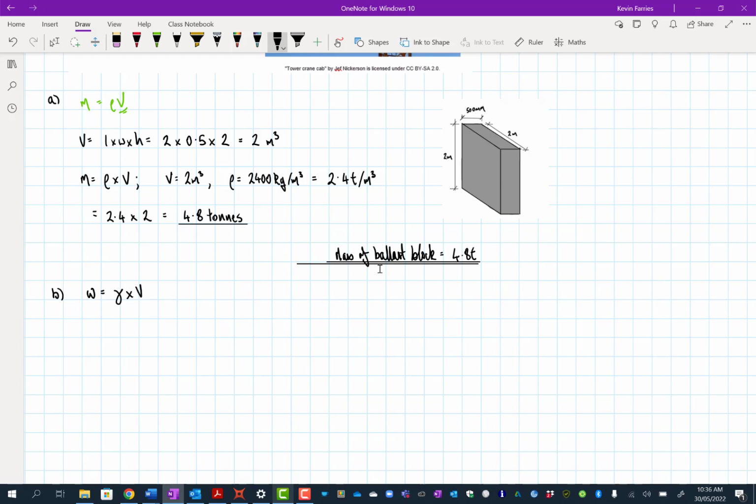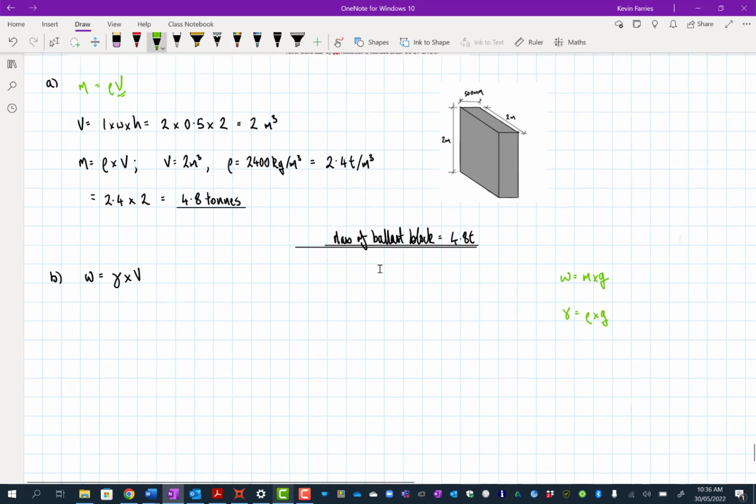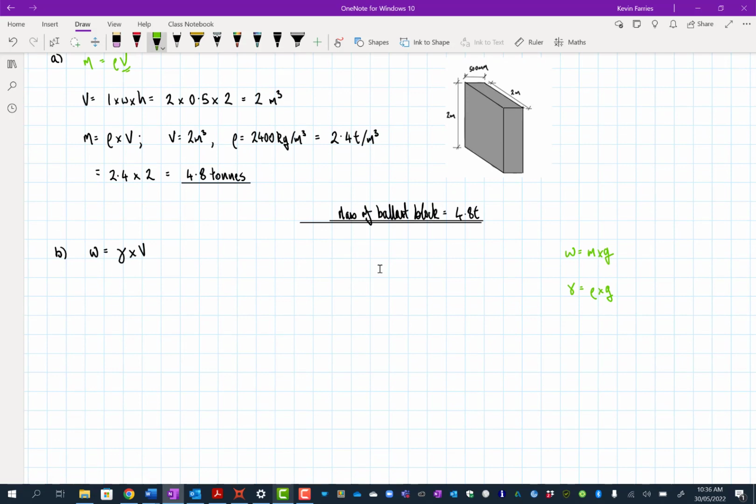When we're calculating weights, we know that weight is equal to mass times gravity. By the same token, unit weight is equal to density times acceleration due to gravity. Usually I remember the density and just figure out the unit weight. I remember the density of concrete is 2.4 tons per meter cubed.